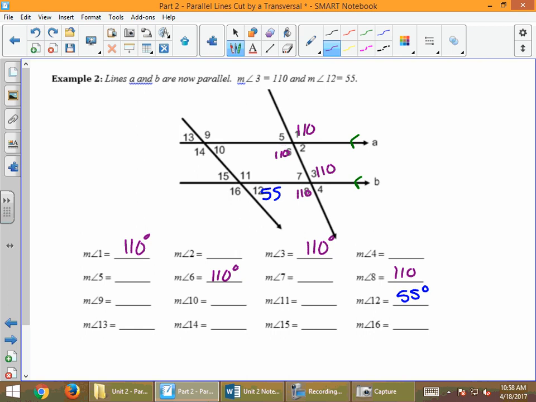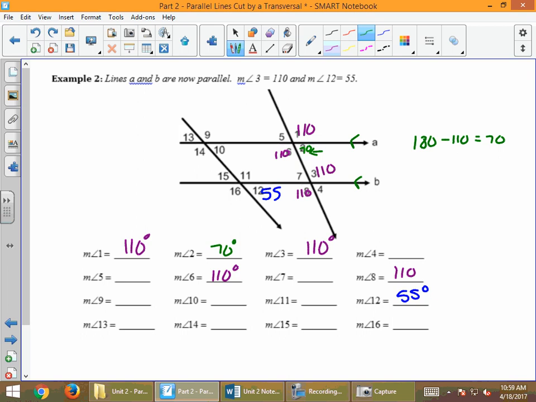Now we have to figure out the one that is supplementary to it. So we have to find the same side interior angle, so we have to figure out the measure of angle 2. When doing that, we just do 180 minus 110, and it gives us 70. That means angle 2 is 70 degrees.